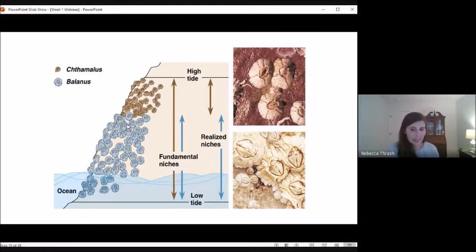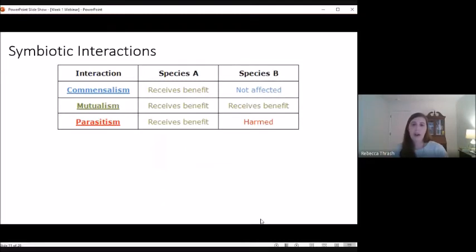But in reality, the presence of this barnacle species actually limits the extent of this barnacle species' niche range. So this is one of those community interactions that can be a little different depending on what kind of ecosystem you're looking at.